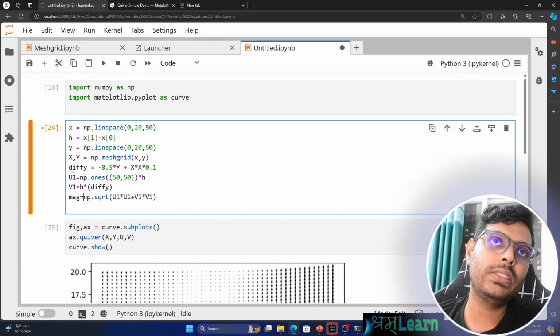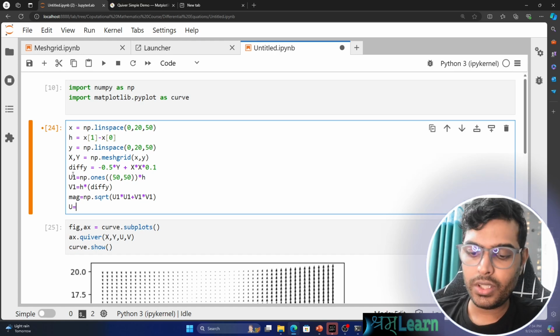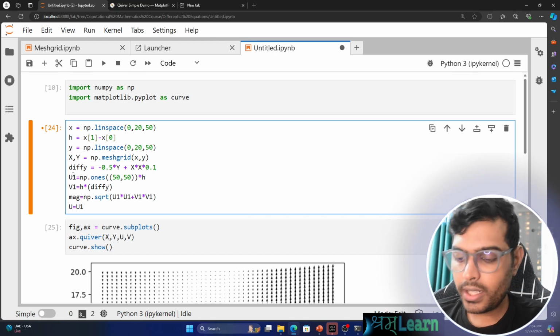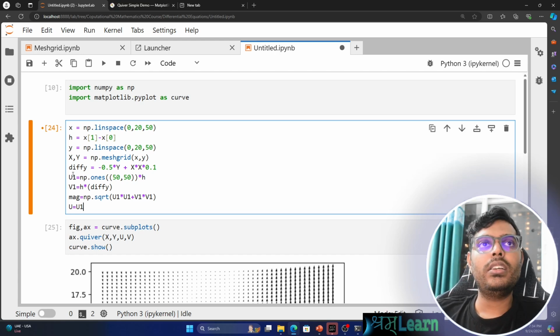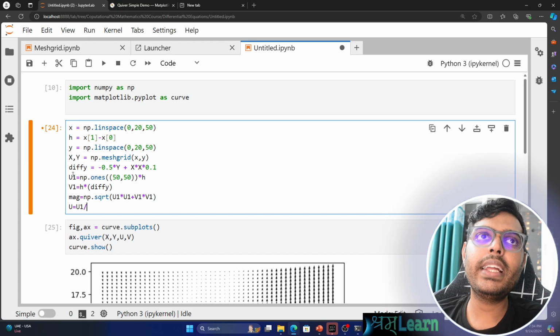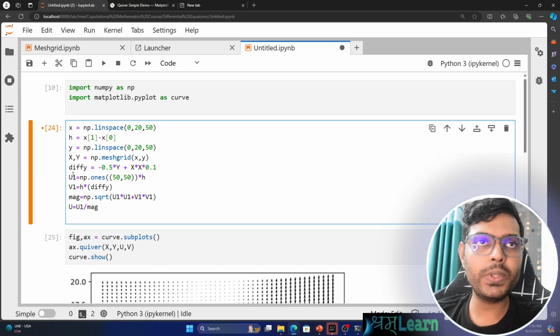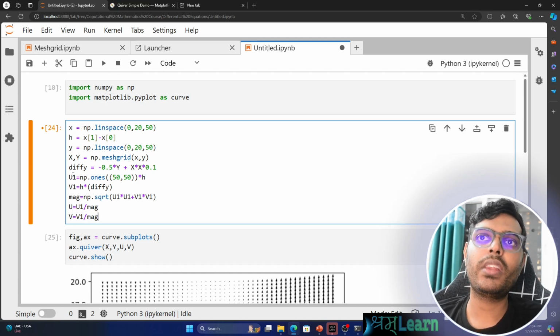Magnitude is this. So u1 is a vector matrix, so every element of u1 has a value h. If I divide that by mag, then I have the unit vector component, and if I divide v1 by mag, I will have the unit vector component along y axis, right?